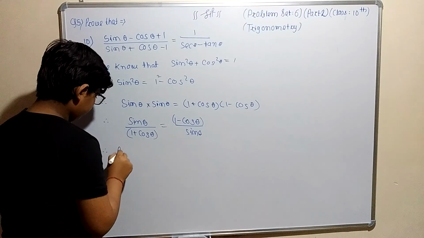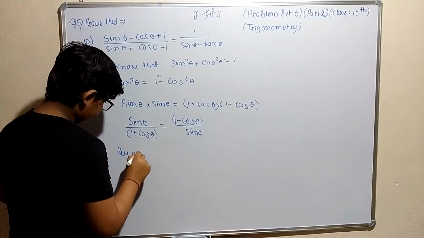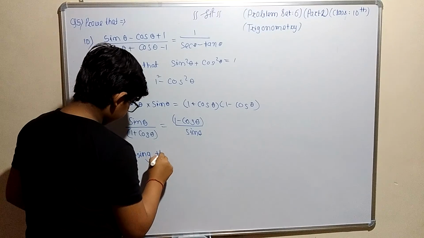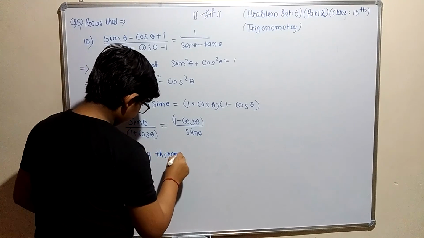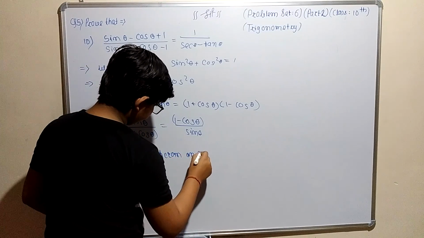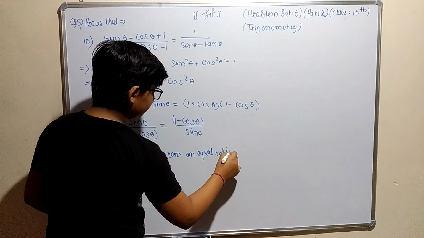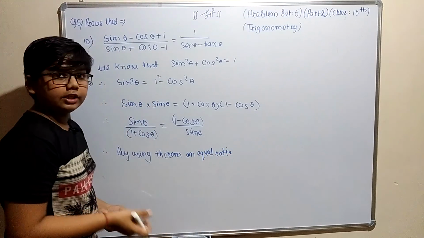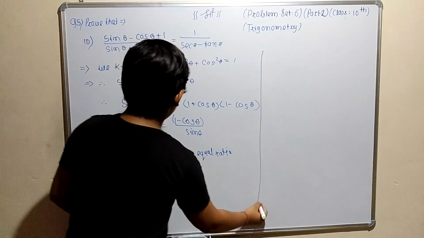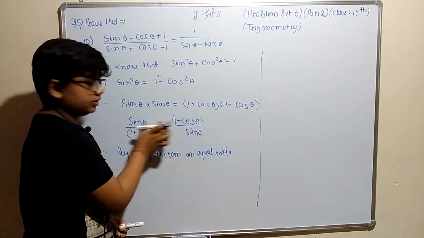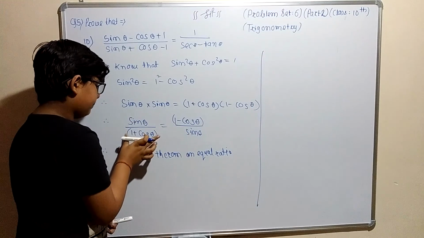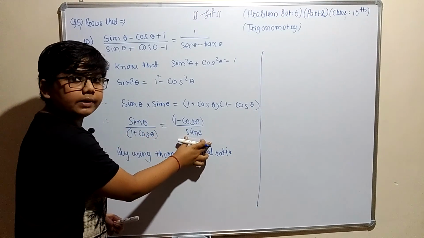By using the theorem on equal ratio, we can say that we subtract numerator and numerator divided by subtract denominator and denominator.